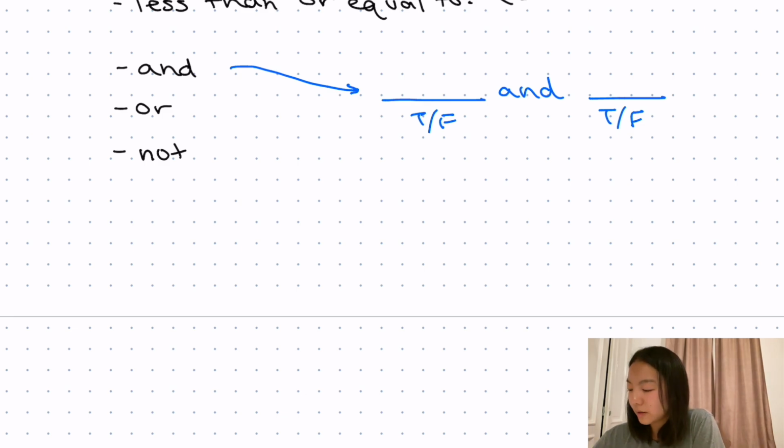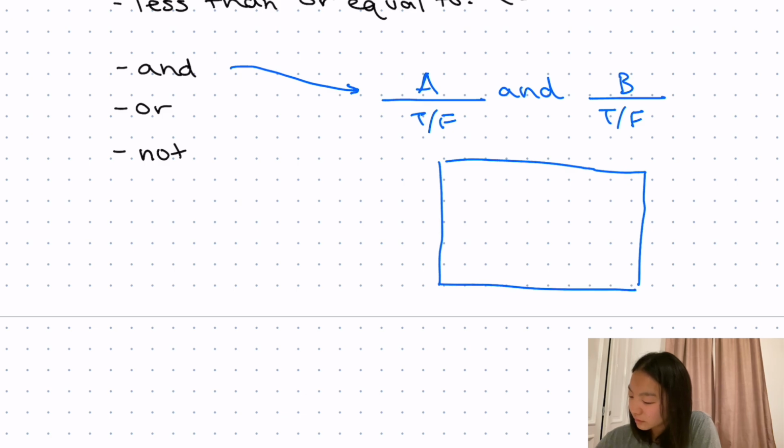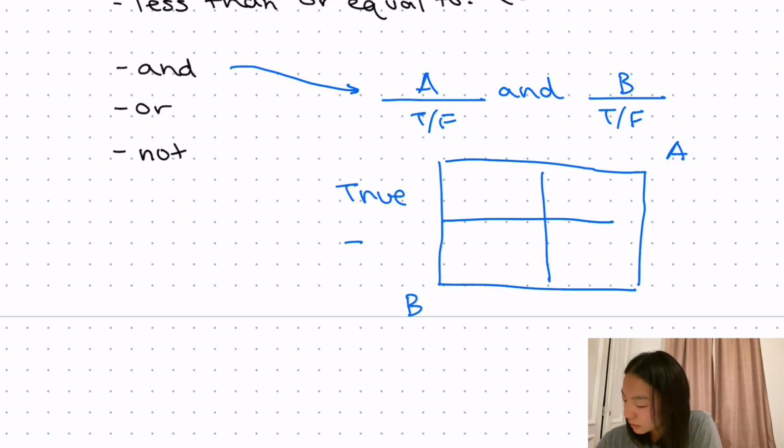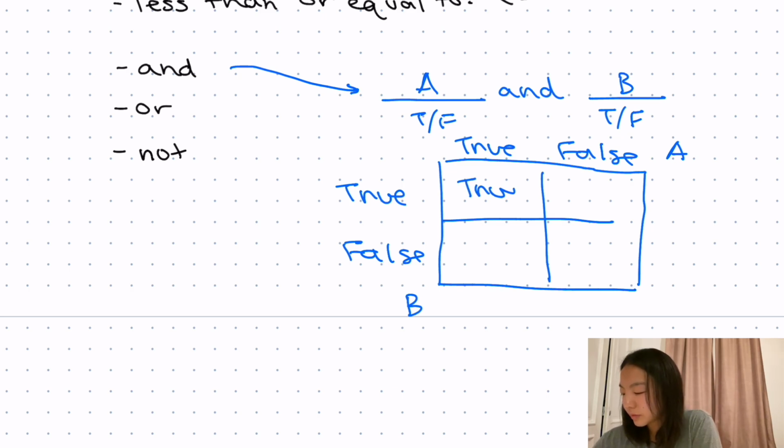So let's say whatever this Boolean is A, whatever this Boolean is B, and let's draw out a chart for this. Let's say A is this row up here, B is this row down here. So if I have true, false, and then true, false, if both of them are true, then this is true.